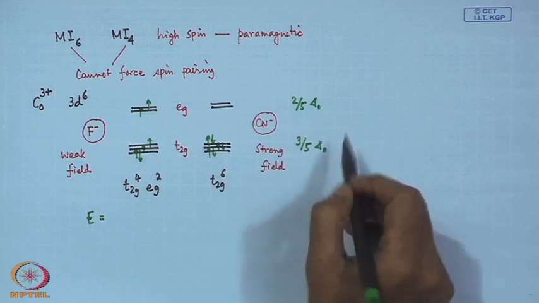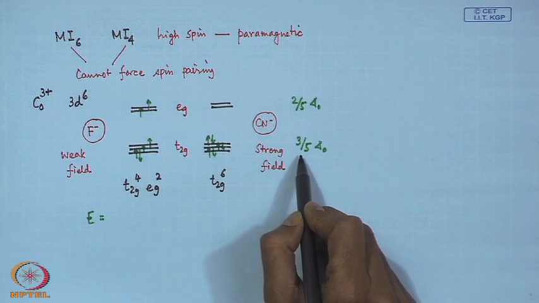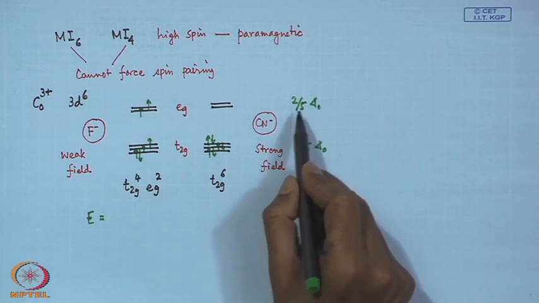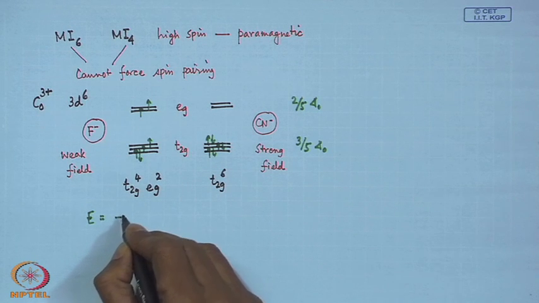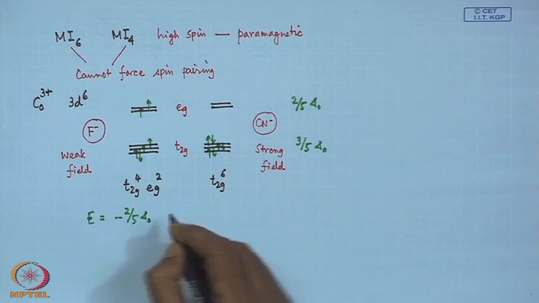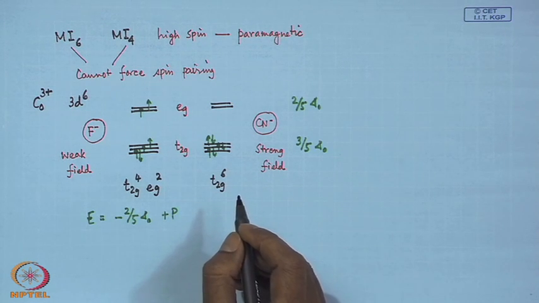Per electron occupancy in the T2G level gives stabilization of minus 3/5 delta O, and in the EG level it is plus 2/5 delta O. We get this value as minus 2/5 delta O plus P, where P is the corresponding pairing energy.